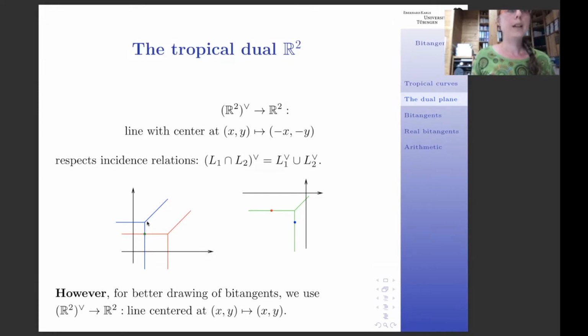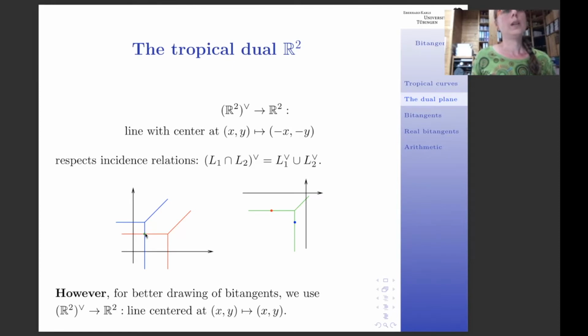And this blue line here, maybe has coordinates 1, 3, let's say. The center has these coordinates here. And so it corresponds in the dual plane to the point with coordinates -1, -3, which is this blue point here. Okay, and now those two lines meet in one point.